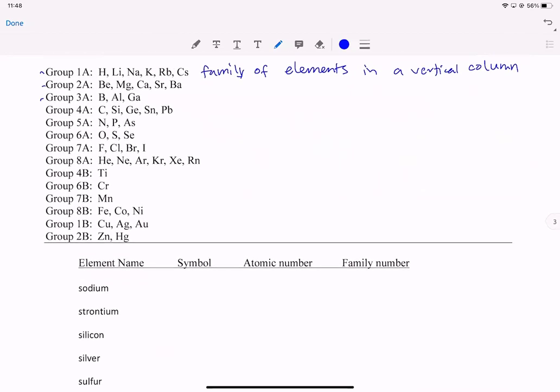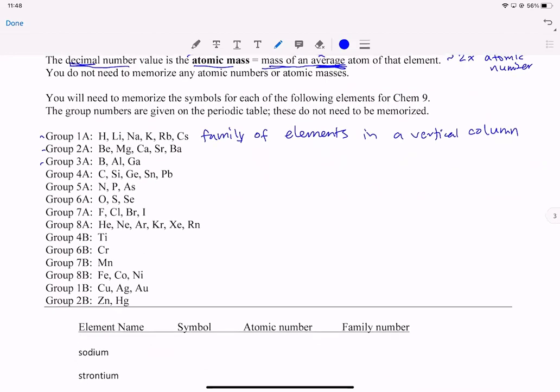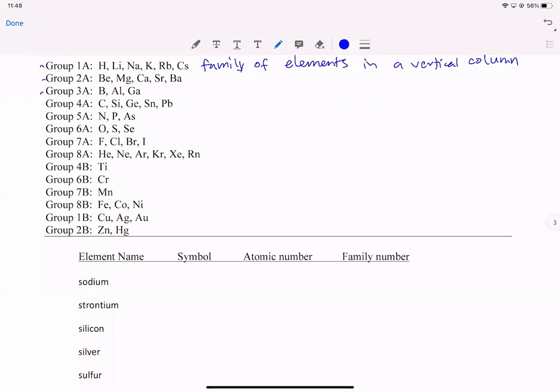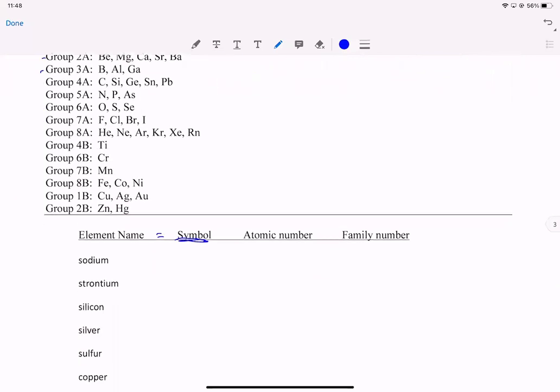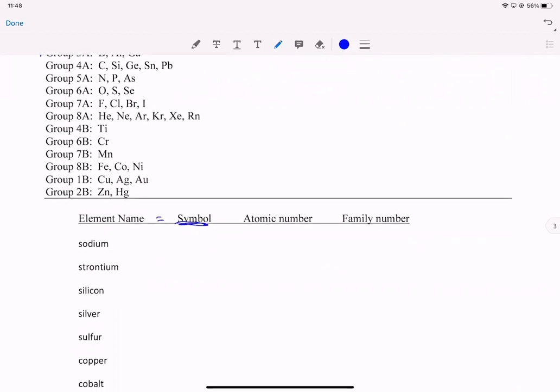Okay, so going down here, why are they organized like this? They're listed by family, and all you need to know though is that the element symbol represents an element name. So going through these, this is sodium, the element symbol Na. The first letter is always uppercase, and the second letter is never uppercase.